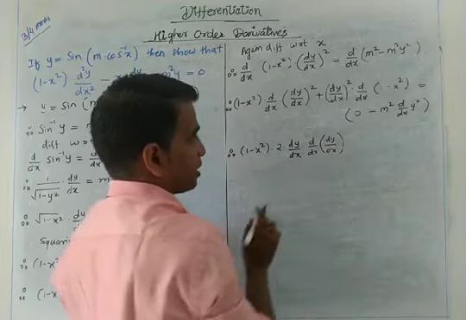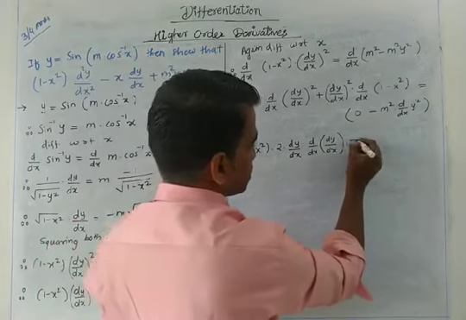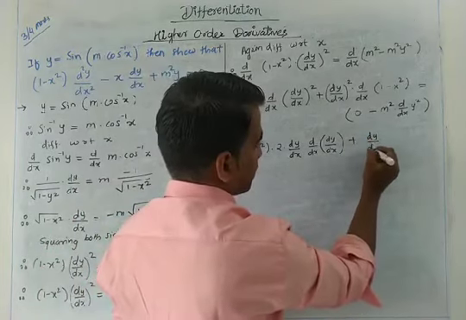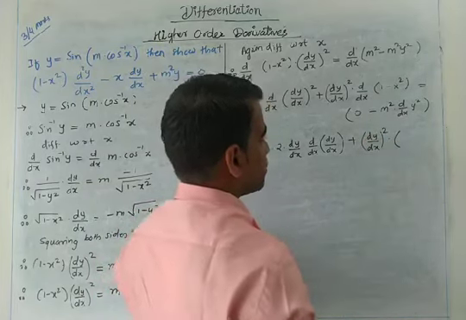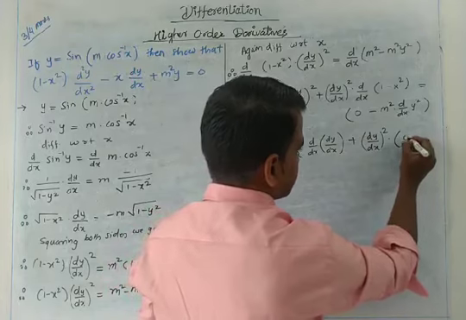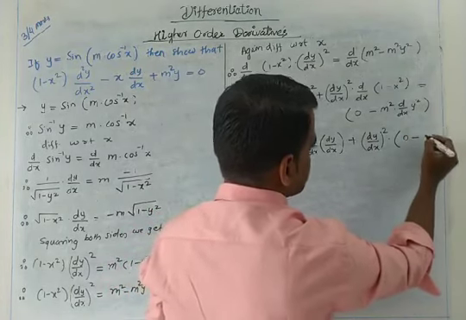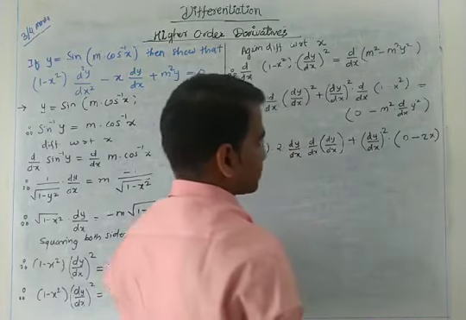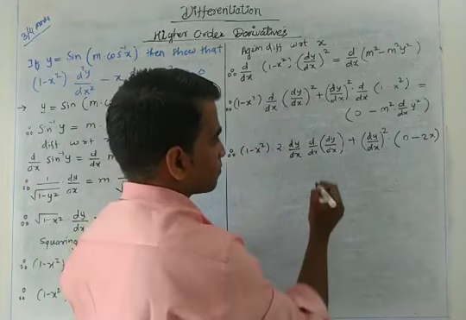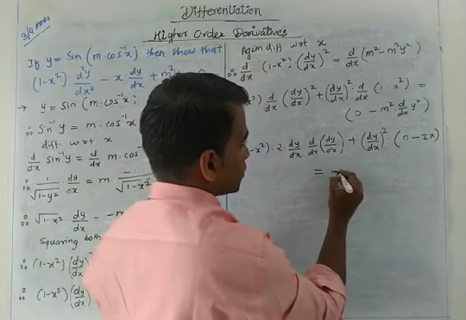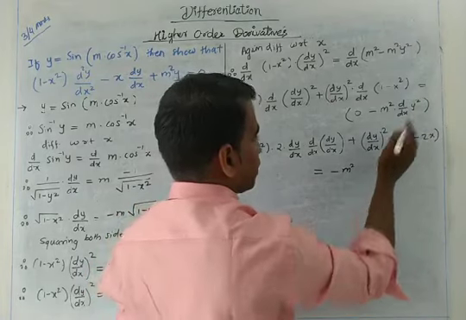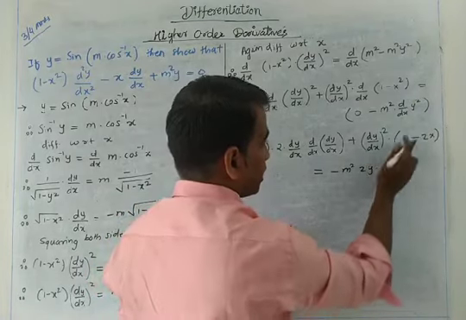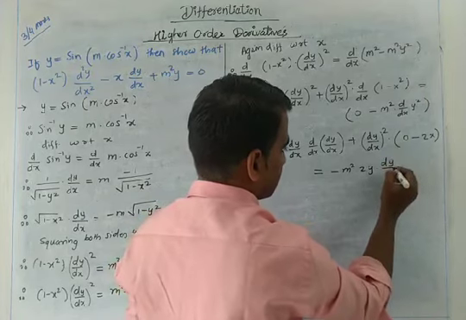Is it clear? Plus (dy/dx)² as it is into the derivative of 1 − x²: derivative of 1 is 0, minus the x² derivative 2x. Is equal to minus m², the derivative of y² is 2y and the derivative of y is dy/dx.